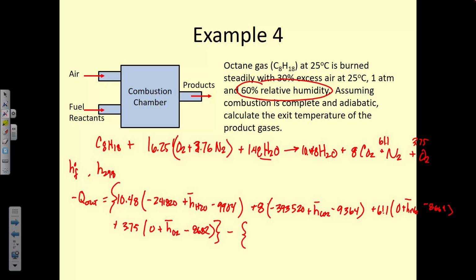We subtract off the reactants. And all the values are known for the reactants because the temperature is known coming in.